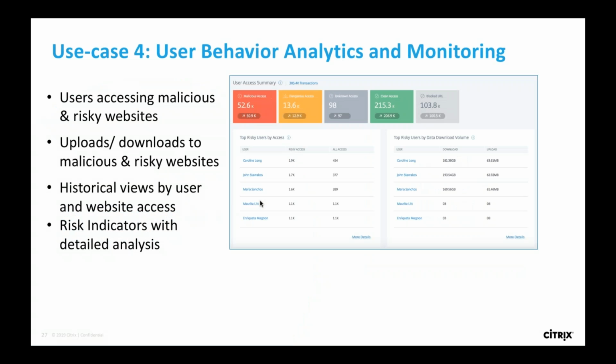So what we can do within Citrix Analytics is provide you pretty detailed views of what kind of access is happening on your network, across your user base, as well as what it contributes in terms of risk posture.